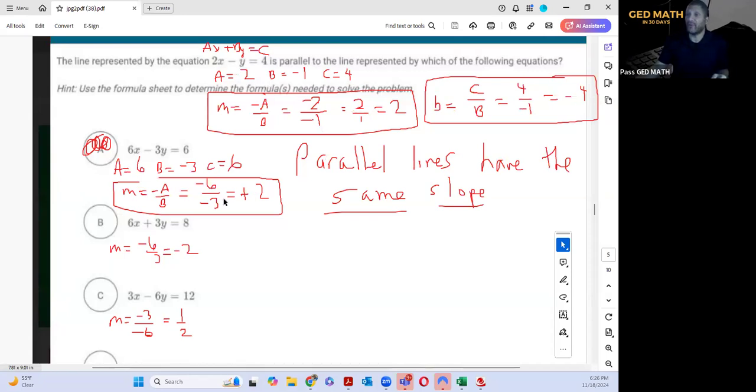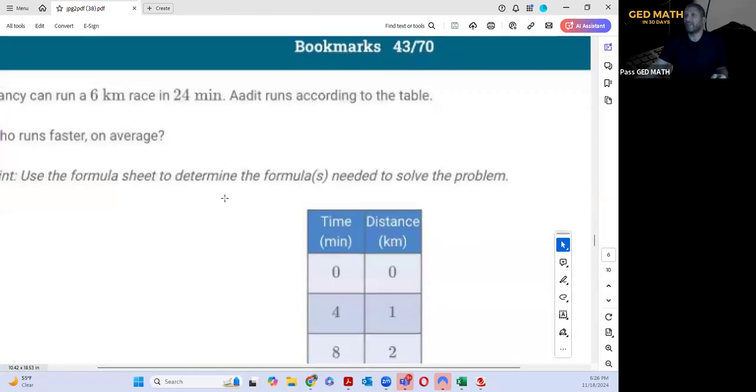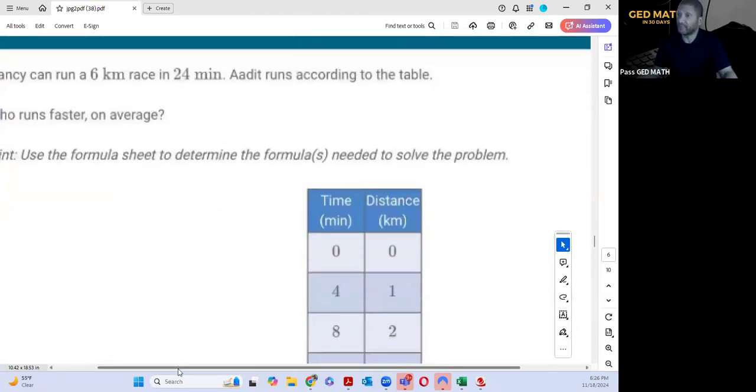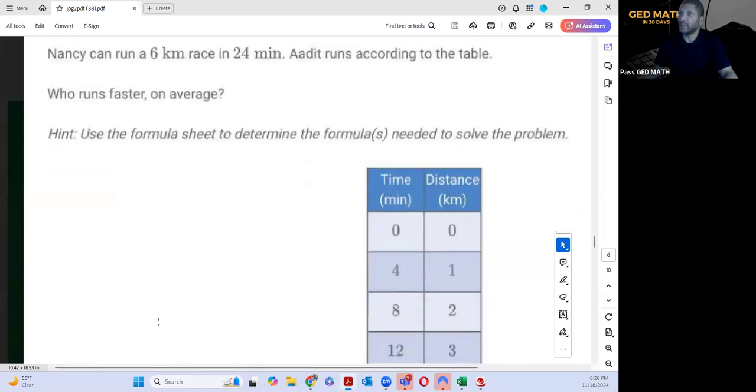Now all these problems are very similar. Oh, this one is a little different. These are actually very good problems. Okay. Nancy can run a 6-kilometer race in 24 minutes. Adit runs according to the table. Who runs faster on average?